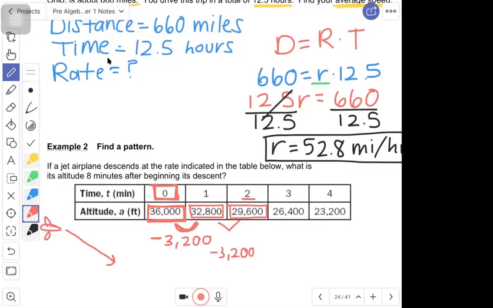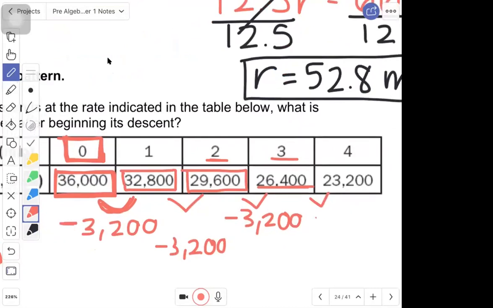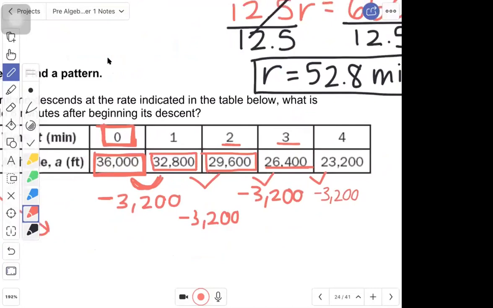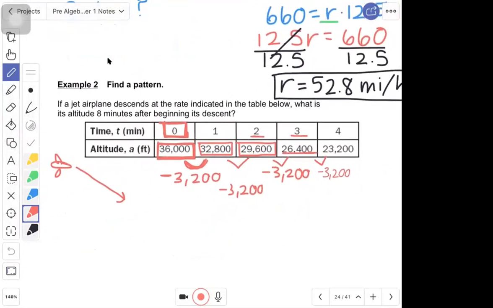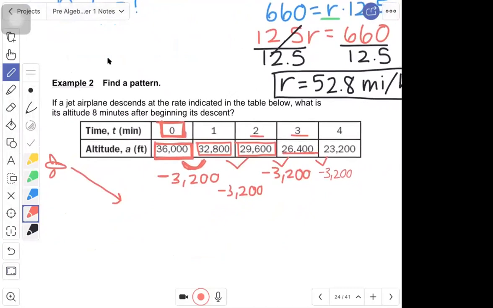And you're going to see that's the same for going from 2 to 3 minutes, from 29,600 to 26,400. That's another minus 3,200. And the same thing here. Minus 3,200. So we are going down 3,200 feet every minute. We're descending 3,200 feet per minute.